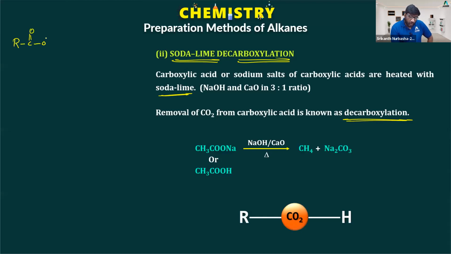RCOO minus Na plus, I have taken some sodium salt of a carboxylic acid. It will form RCOO minus. The negative charge on oxygen comes into the carbon-alkyl group bond, and that electron density is given to R, forming R minus plus CO2.